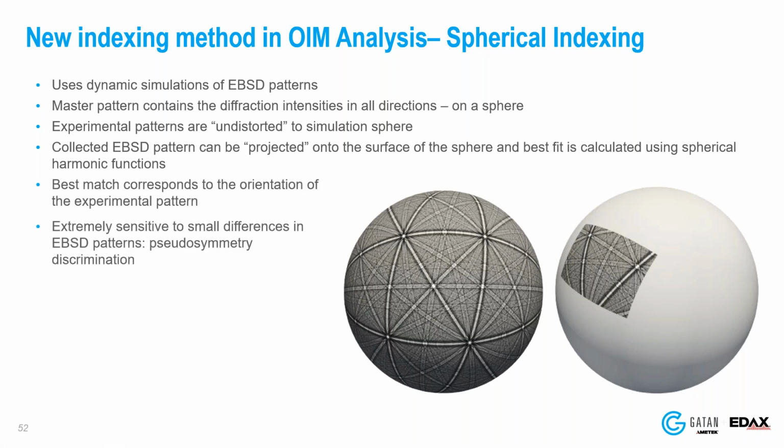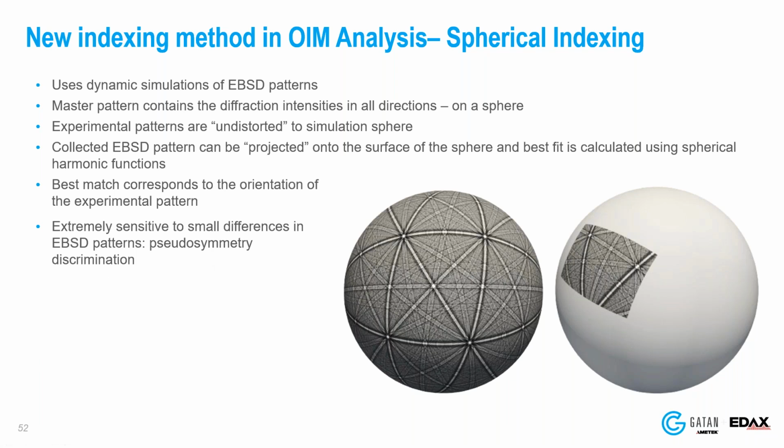Because we are using the whole pattern, it's extremely sensitive to small differences in EBSD patterns. So a 1% tetragonality is visible, and we can separate those. Small changes inside bands are also visible. So phase separation and pseudosymmetry discrimination can be done when you have saved your patterns during mapping.